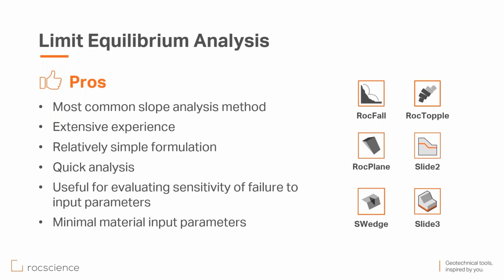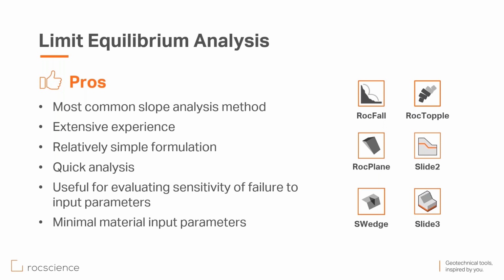So the limit equilibrium approach that we are using in this bunch of software has some pros and cons. The pros are that limit equilibrium analysis is the most common slope stability analysis method practiced in engineering, and geotechnical and mining engineers have extensive experience using it. The formulation behind the method is relatively simple to understand, formulate and program.